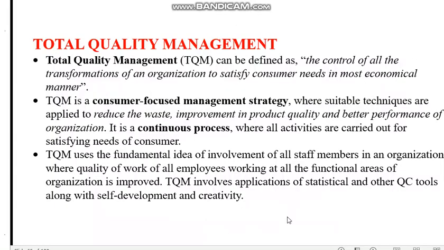Now total quality management, which is very popularly called TQM, can be defined as the control of all the transformations of an organization to satisfy the needs of the customer in the most economical manner. You see, transformations means there are so many things we are changing, like raw material is changed into finished product, or many other transformations, where things change their state.